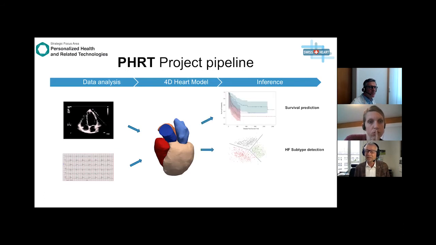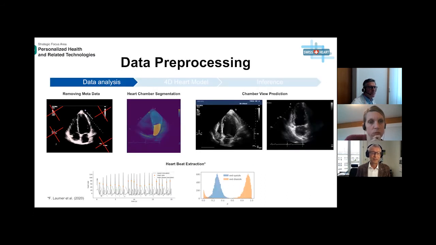And I will now guide you through that pipeline to highlight some of the challenges which we have and early successes. So for data analysis, first you have to remove the clutter, which is informative for the doctors, but not so much for the data analysis, which we are pursuing. So this data has to be processed. You want to have a heart chamber segmentation so that you know where the region of interest is.